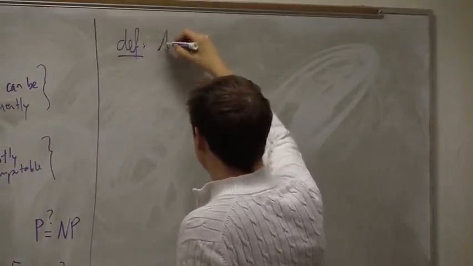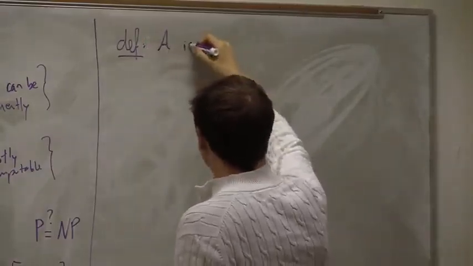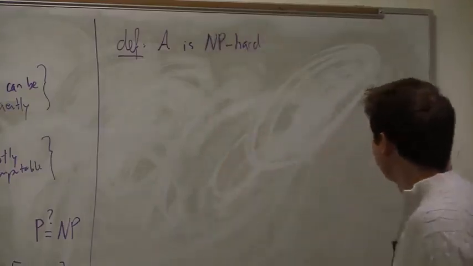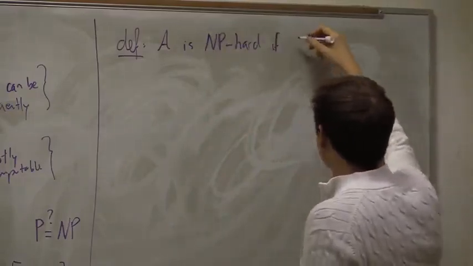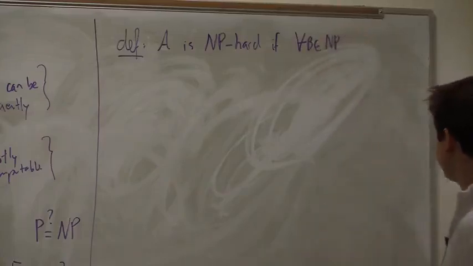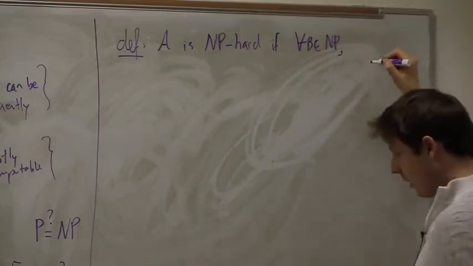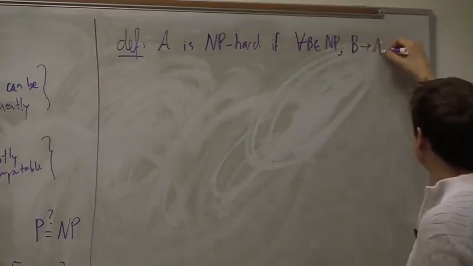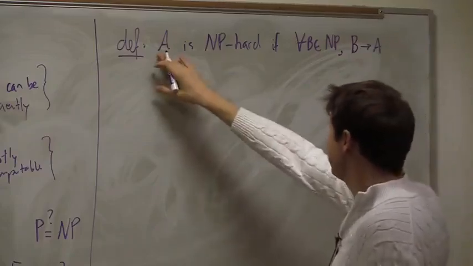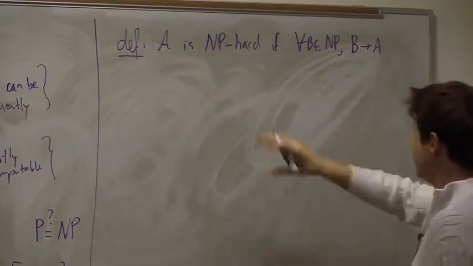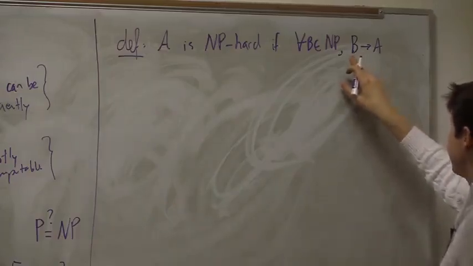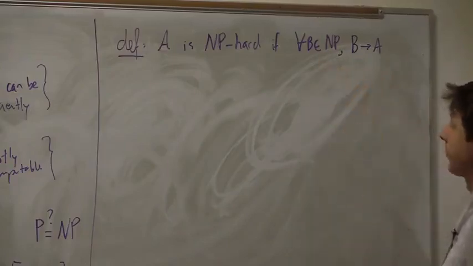So we're going to say a problem A, a relation A, is NP hard if for every B in NP, so for every other relation in NP, B can be reduced to A. Namely, if you have an algorithm to solve the decision problem associated to A, you can use a reduction to turn that algorithm into an algorithm that decides the decision problem for B for any B in NP.